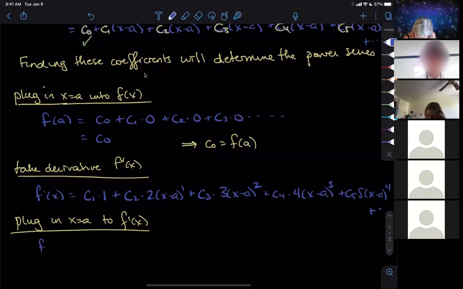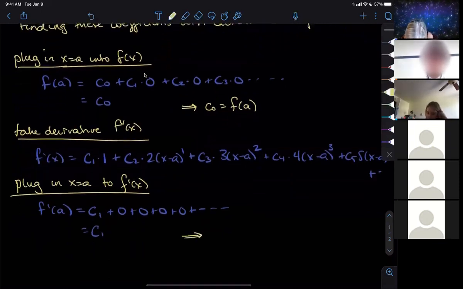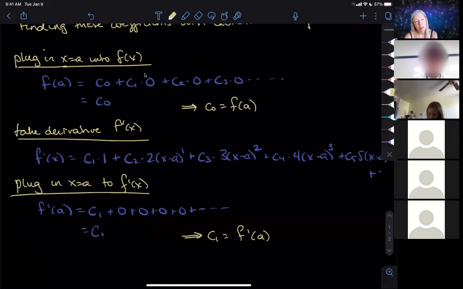So f prime at A is C1 times 1 plus 0 plus 0 plus 0 all the way down the line. So that's just C1. So now we know what C1 is as well. C1 is f prime of A. You might want all the coefficients to just be the derivatives, and that would be super cool. It's a little bit more complicated than that, but not a lot more complicated than that.